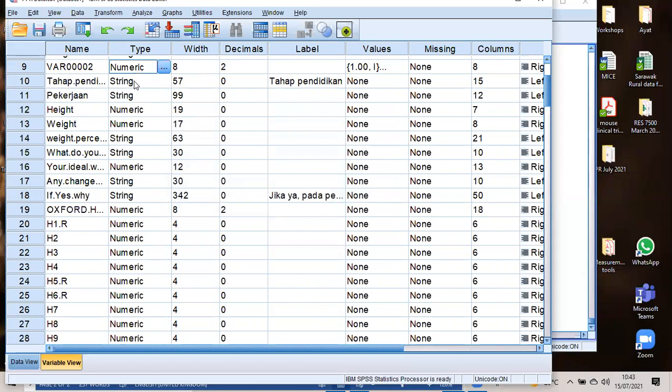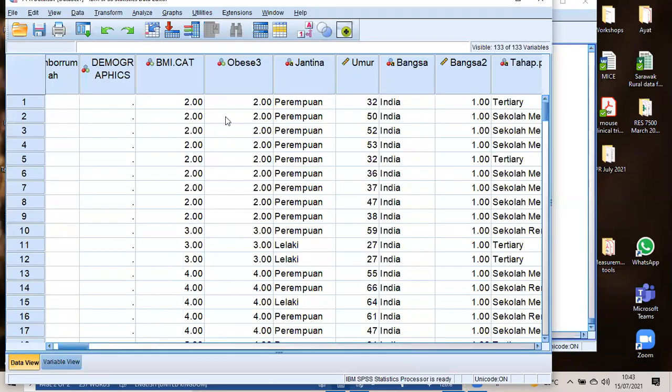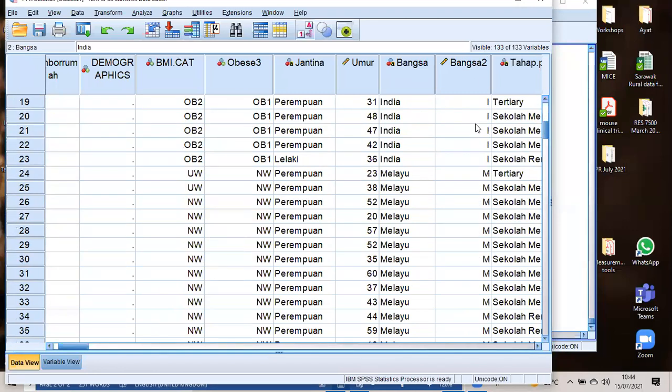So changing to numerical has one advantage. Here I can create another variable, let's say Bangsa 2. Just watch first. So now I have only Indians and Malays in the sample.